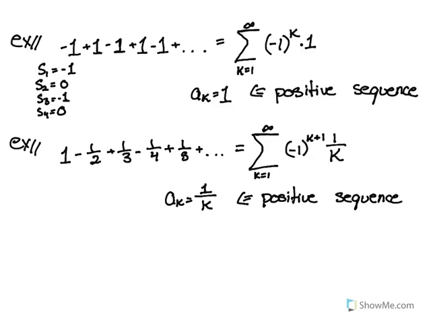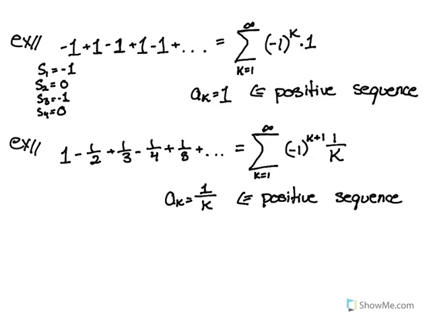It's a divergent series. The second example is interesting because we know that the harmonic series, when it's not alternating, is divergent. But in this case, because it's alternating, this series actually converges. This may seem counterintuitive: the harmonic series diverges, so why would this series converge?